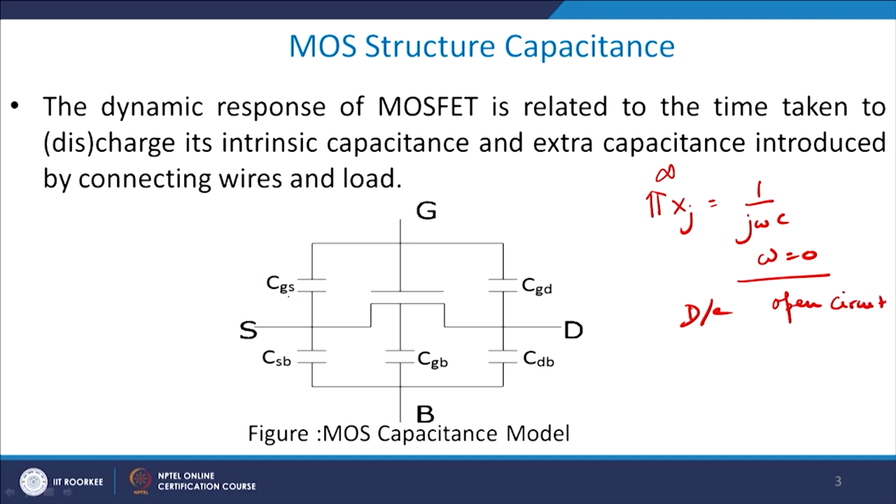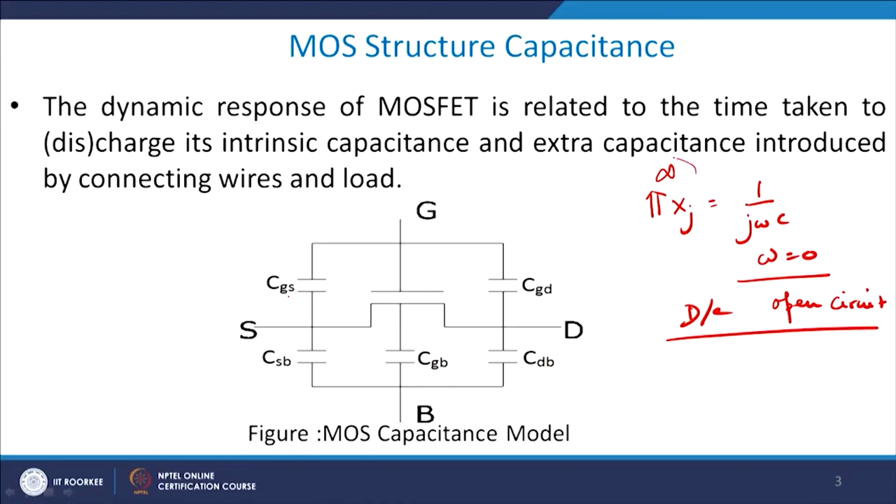So, when you are dealing with DC biases, any capacitances within any electrical network can be treated as an open circuit, because the concerned impedances are infinitely large and therefore you open it. When you open it, you do not have any other place to go, and therefore there will be a current flow, and this current flow will depend upon the network parameters.